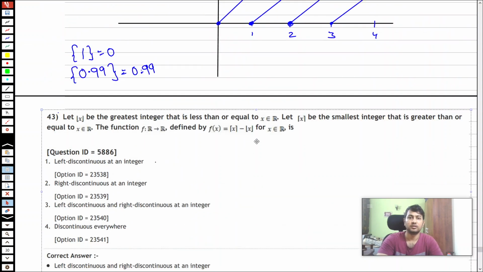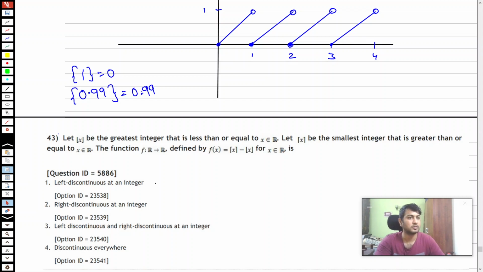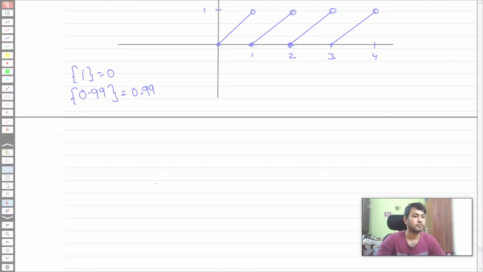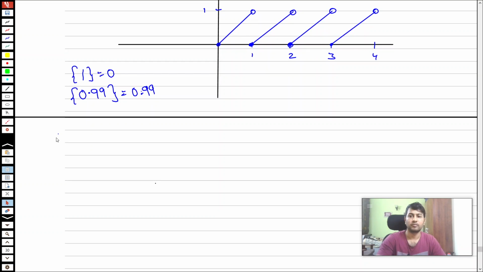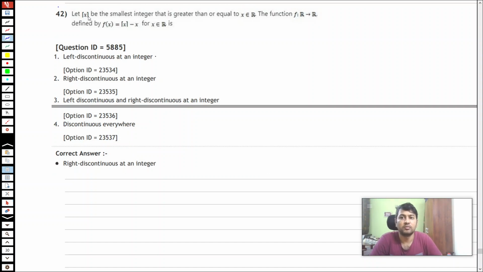So question number 42. They define this new thing as the smallest integer that is greater than or equal to x.